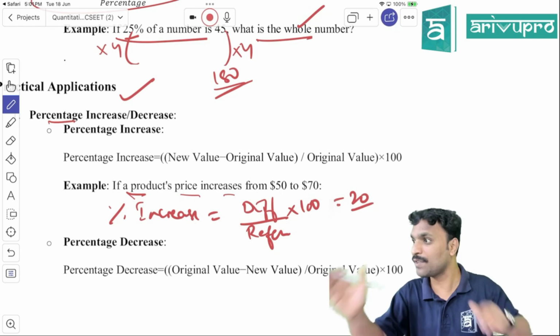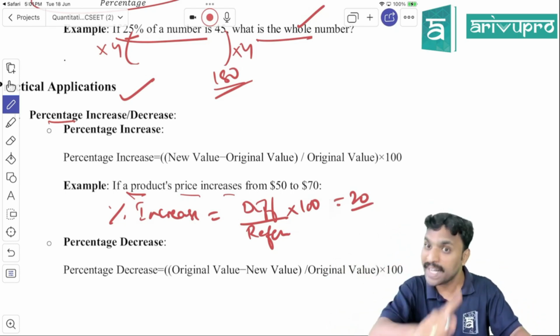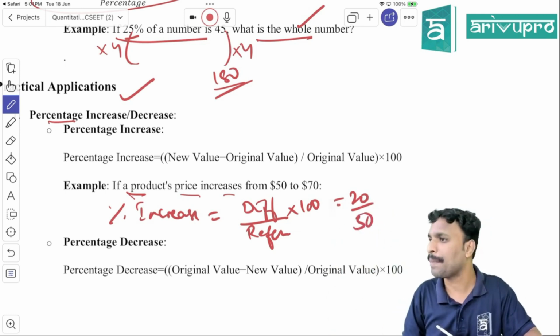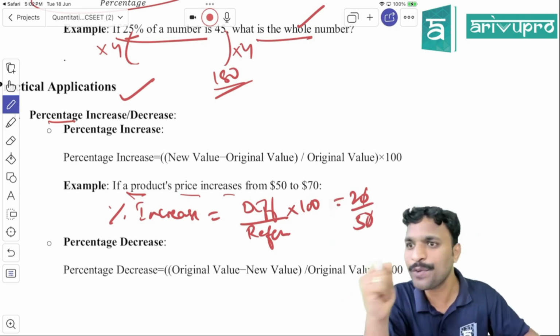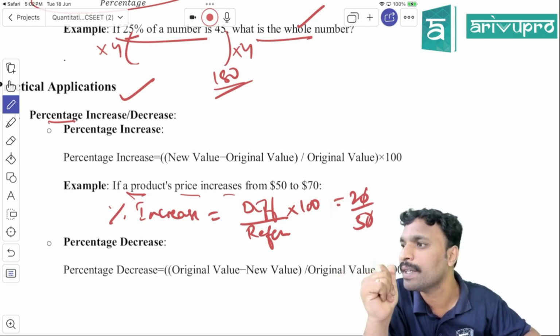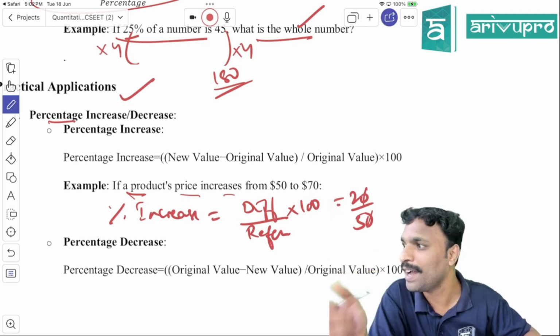Suppose had it decreased from 70 to 50, reference value would be 70. It is increasing from 50 to 70. Reference value is what? 50. Now tell me, is it 2 by 5? You know what is 1 by 5? How much percent? 1 by 5 is what? 0.2 means how much percent? 20%. 1 by 5 is 20%, not 2 by 5.